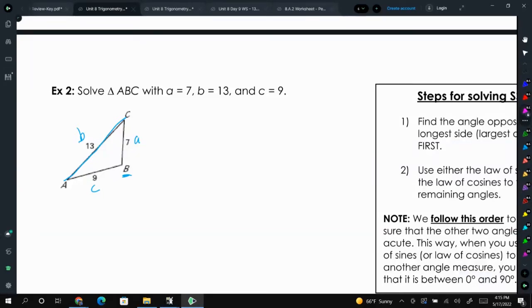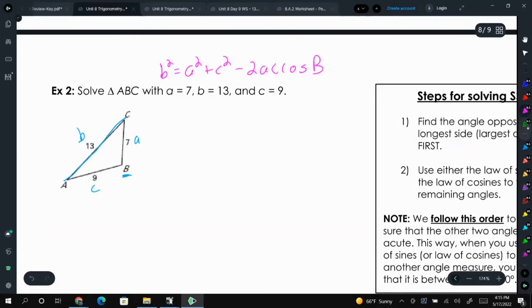So now we will set up the law of cosines, but we're trying to find an angle this time, so we can't just throw it all in the calculator. So b squared equals a squared plus c squared minus 2ac times the cosine of b. So 13 squared equals 7 squared plus 9 squared minus 2 times 7 times 9 times the cosine of b.